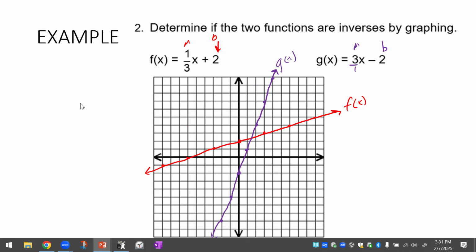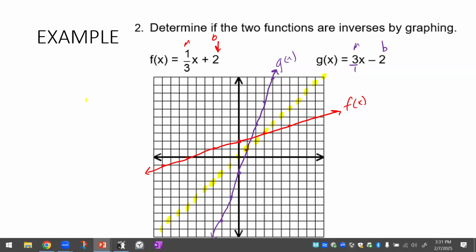Looking at these two graphs, are they inverses? No. If you look at your y equals x line, the points on y equals x are 1, 1; 2, 2; 3, 3; 4, 4. Are they symmetrical around that line? No, they're not. So therefore, f of x and g of x are what?